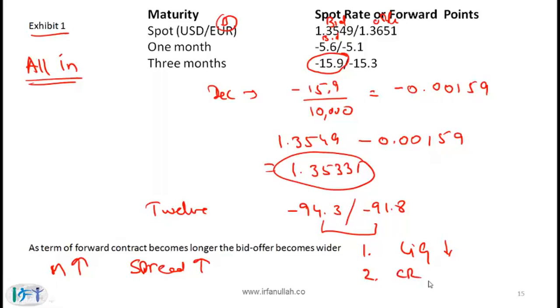So exposure to counterparty credit risk goes up. That also causes the spread to widen. And finally, the interest rate risk of the contract increases, and that also causes the spread to increase. So just remember those 3 points and you are in good shape.